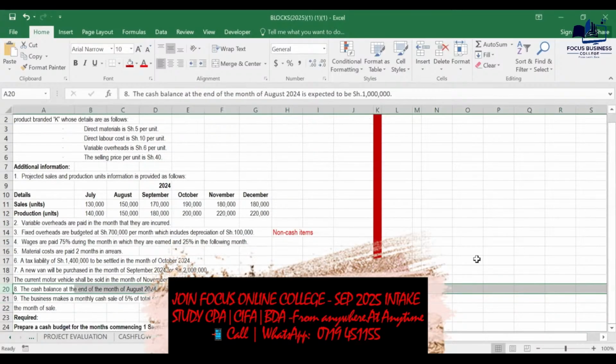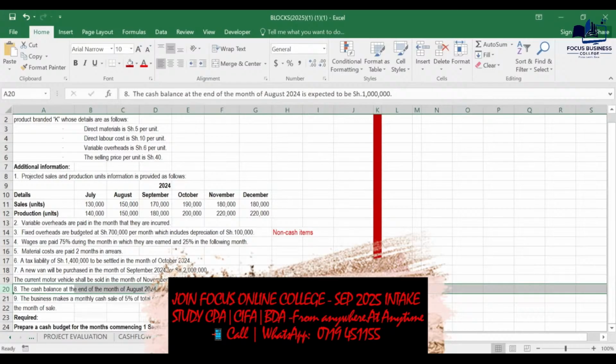So what are we required to do? We are required to prepare the cash budget for the months commencing 1st September 2024 to 31st of December 2024. In other terms, you're required to prepare the cash budget for how many months? The month of September, October, November, and December. So that is a cash budget for 4 months.